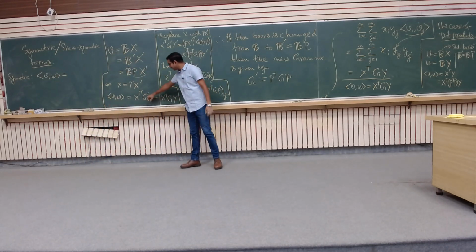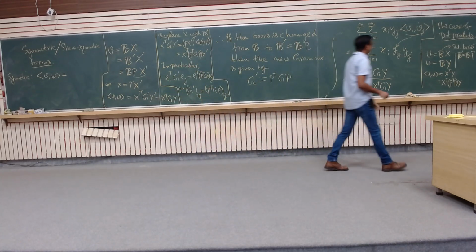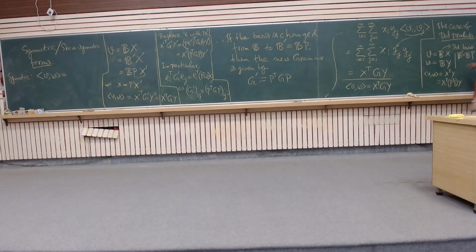Now we said that the G dash. Oh, yeah, sure, because we are now expressing it with respect to the new basis. Because B dash is a new basis, and we are writing this in terms of the new basis. Thank you, Trishit. Yes, that was a necessary correction. Thanks.